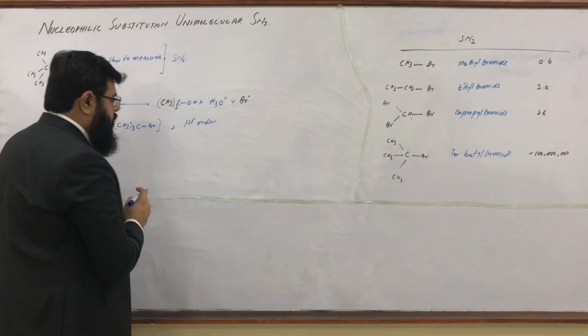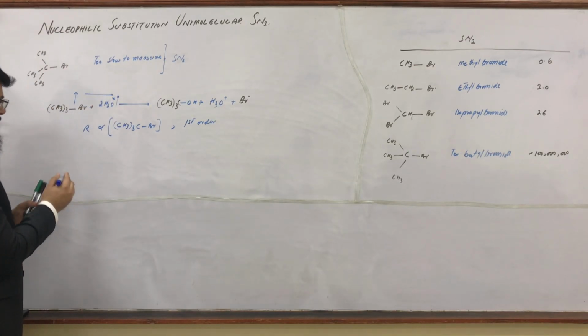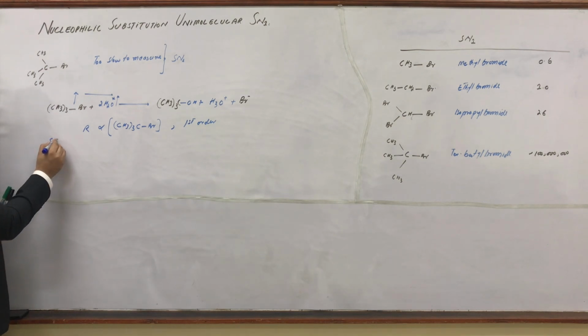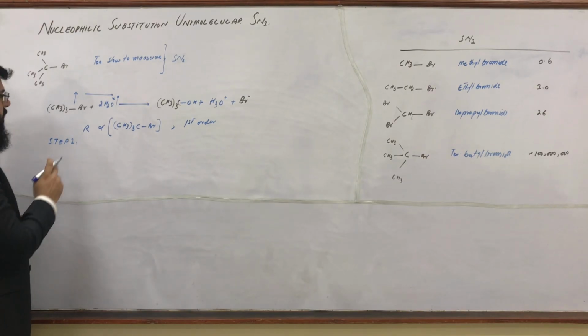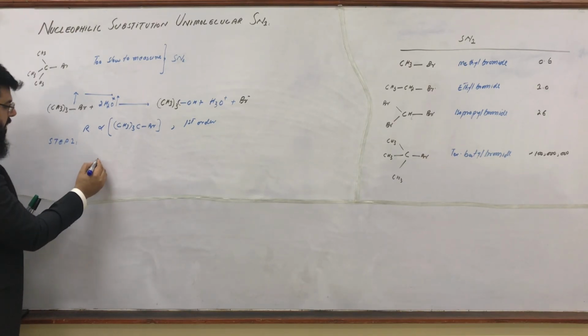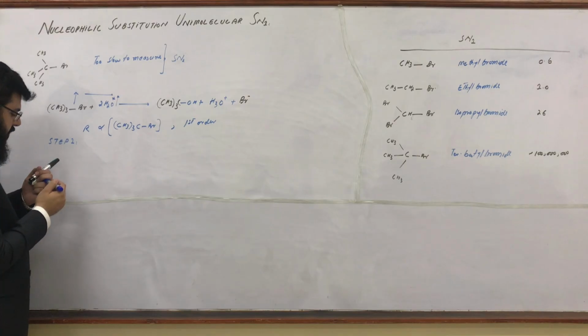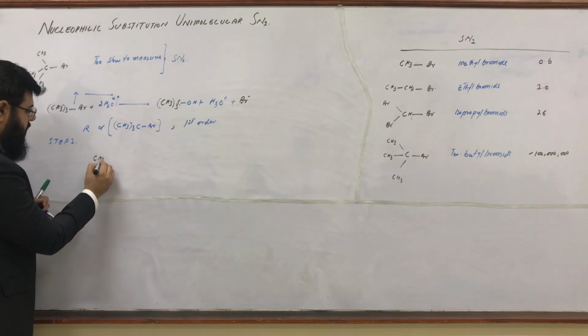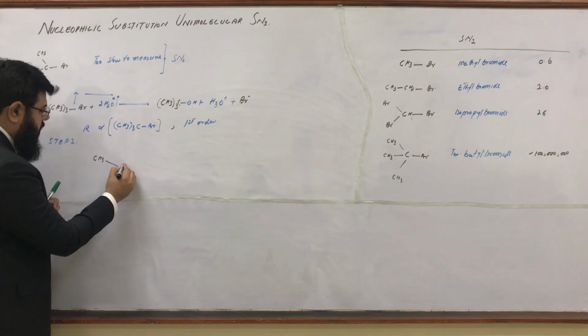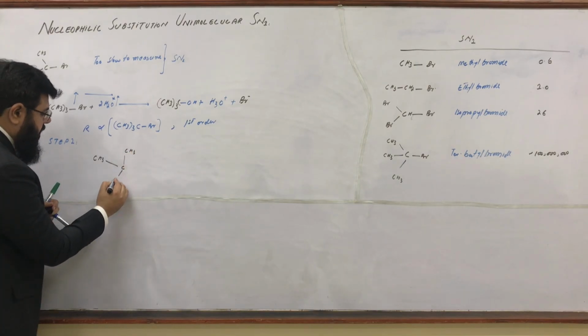The mechanism of this reaction is composed of three steps. At the first stage, the alkyl halide dissociates into a carbocation. Here is the tertiary alkyl halide.